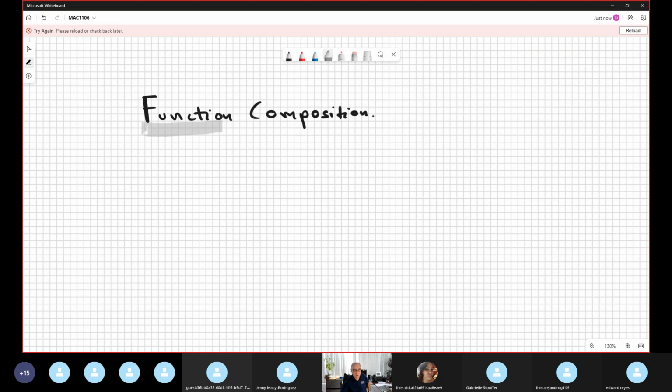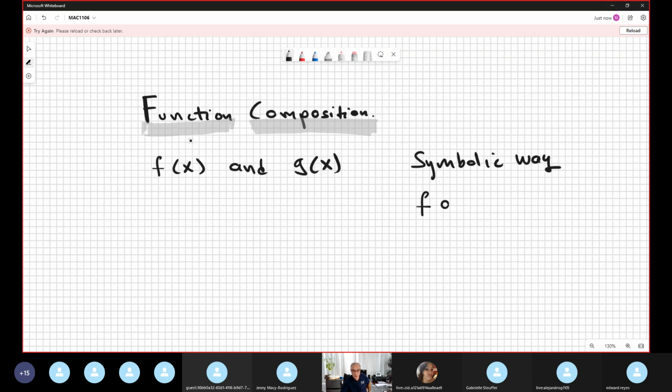Function composition is represented in this way. Suppose you have two functions, f of x and g of x. You need to find the composition. The symbolic way to represent composition is f, small circle, g. Okay, this is the symbolic way to indicate composition. Don't confuse it, students who don't know anything believe it is multiplication. f composition g. No, it's not multiplication, it's composition.